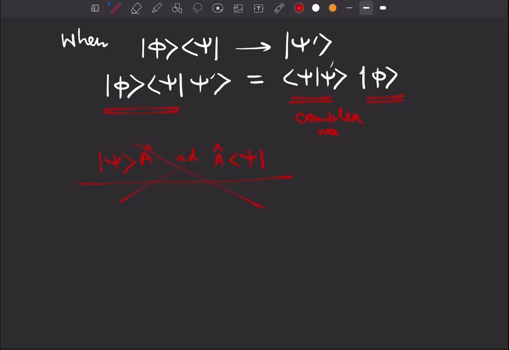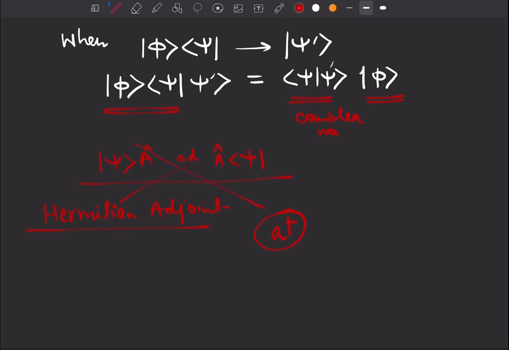So friends, now we will study the Hermitian adjoint. The Hermitian adjoint is an operator written as A dagger, and for a number it is the complex conjugate.